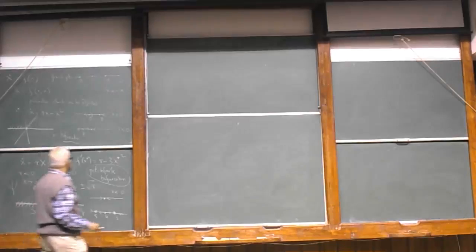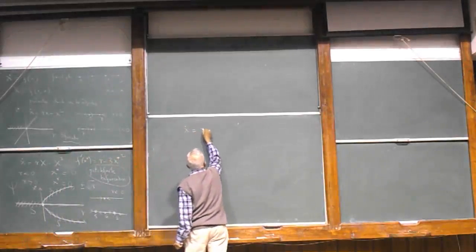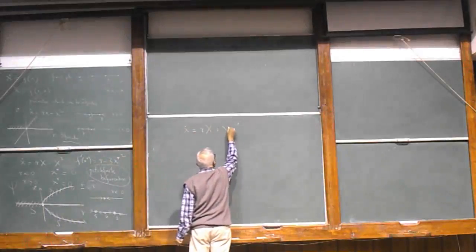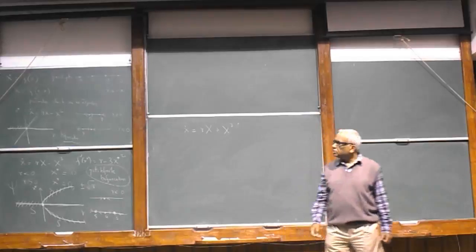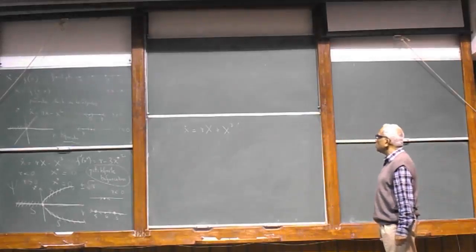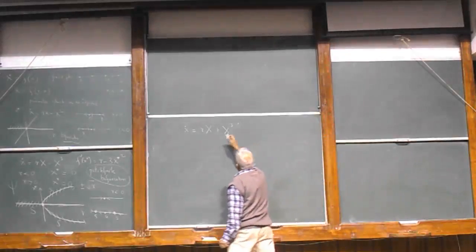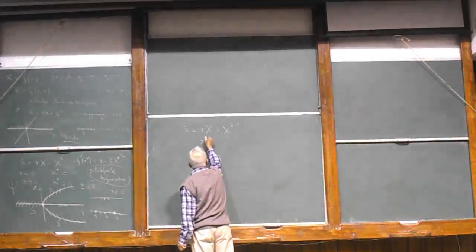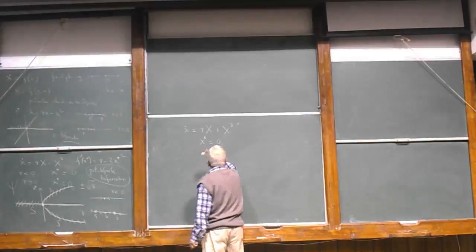What if I change the sign of x cubed? Suppose I talked about x dot equal to rx plus x cubed. Then the fixed point is x star equal to 0.